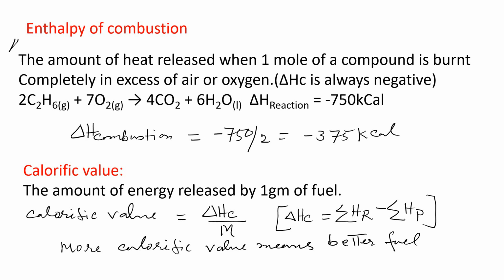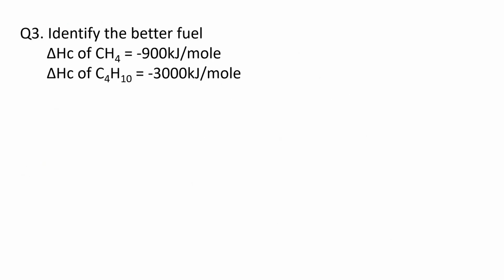Understood? Okay. Now let's see one problem. Identify the better fuel. What are the fuels? Methane and butane. The enthalpy of combustion, or heat of combustion, value is given. So from here, what can we write? Methane molecular weight is 12 plus 4, 16.